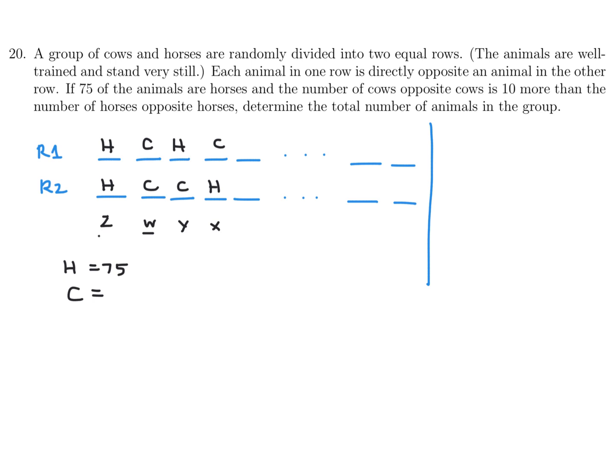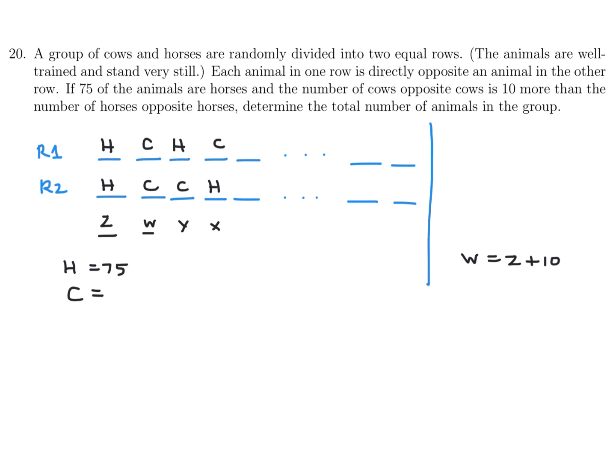Horses opposite horses I've denoted as Z. So that means that W is equal to Z plus 10.